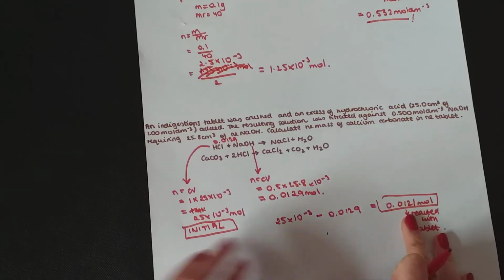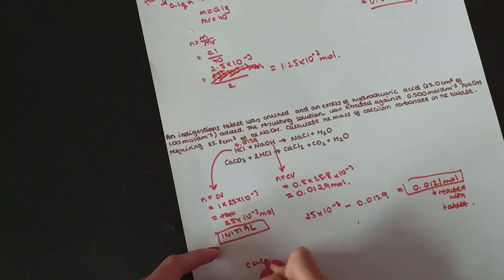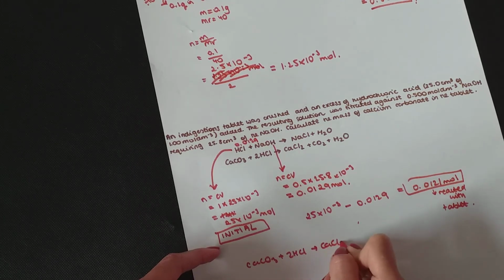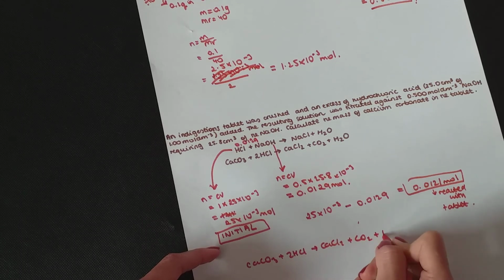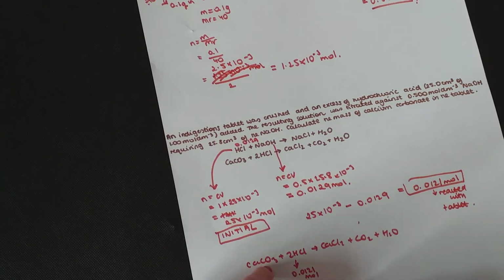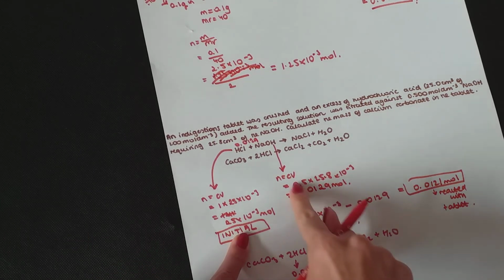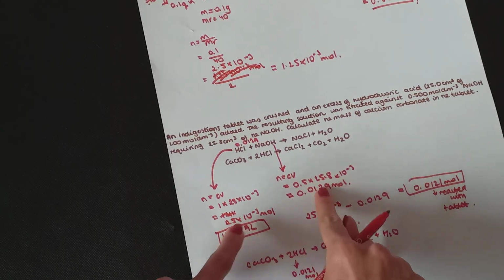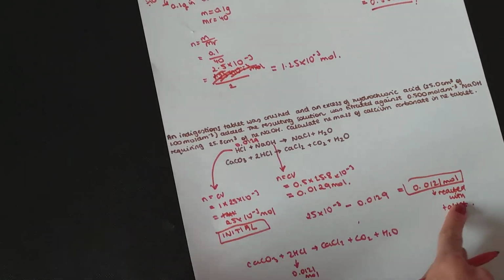If that much reacted with tablet, now we need the second equation. Here, that's 0.0121 molar. That's what reacted with the tablet. That was the initial, that what we had reacting with sodium hydroxide at the end. So the difference is what reacted with the tablet.